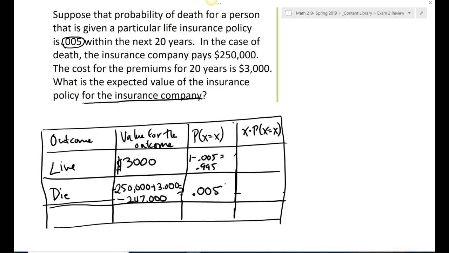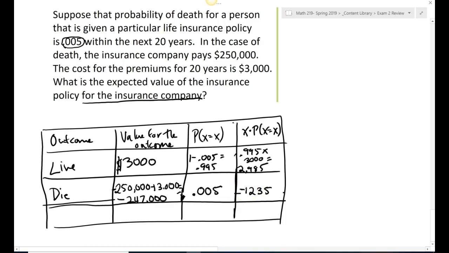Okay? Now, my x times p of x: 0.995 times 3,000 is going to equal 2,985, and 247,000 times 0.005 is going to be 1,235, but it's going to be negative.